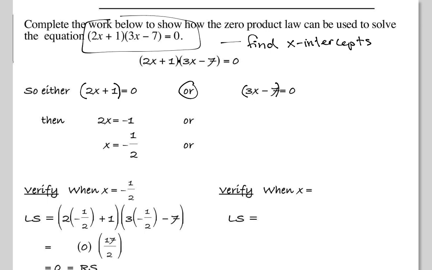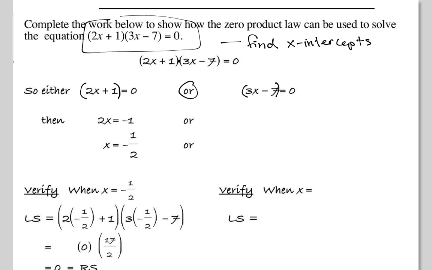Send it to the other side as a negative 1 and then divide out the coefficient. That's a pattern that you guys have been familiar with for a long time. This is called a two-step equation. First, you isolate the variable with adding and subtracting, and then you isolate the variable with dividing and times it. So you get negative 1/2.